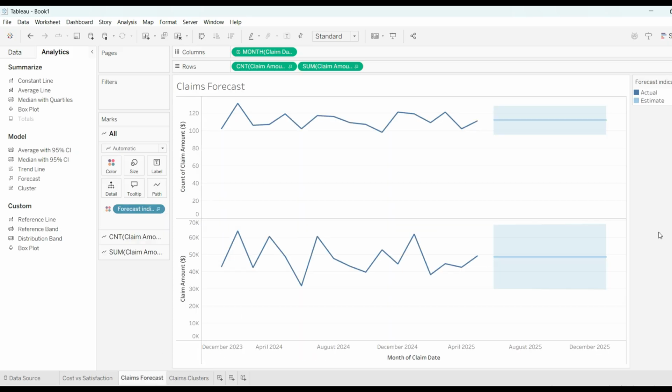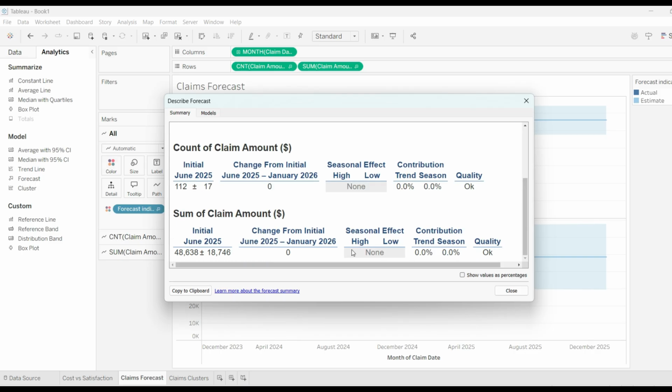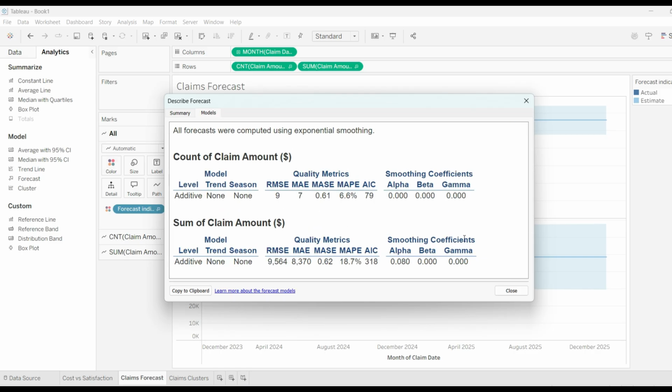So the describe feature here, if we go back over here, this trend line on that, the claim amount, in dollar amounts, again, that's some nice information there, and it gives you your models. And I used those terms a while ago. RMSE. I say RMSE.